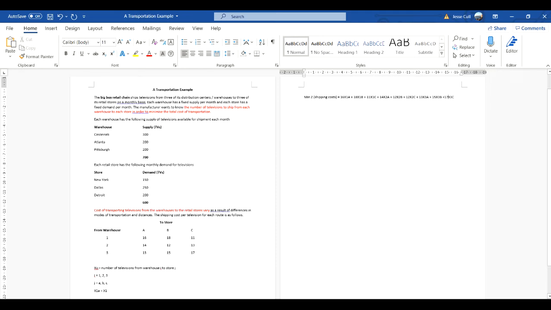We see that 17 is X3C. 17 X3C. All of these numbers correspond to one of these up here.